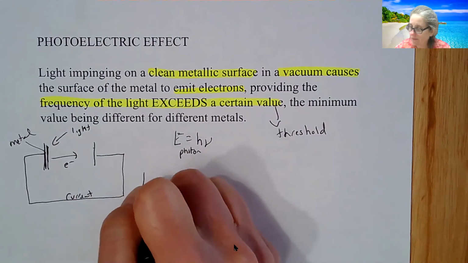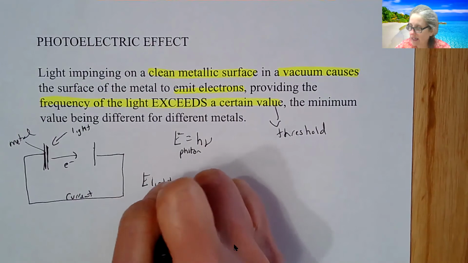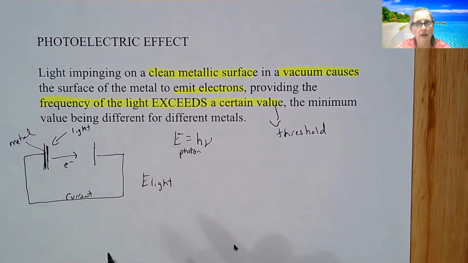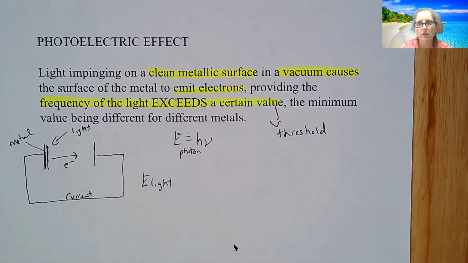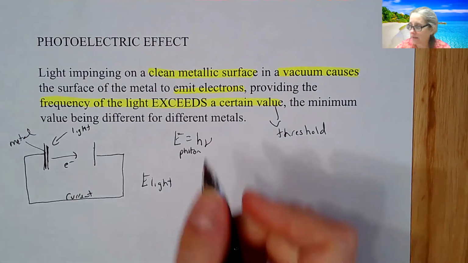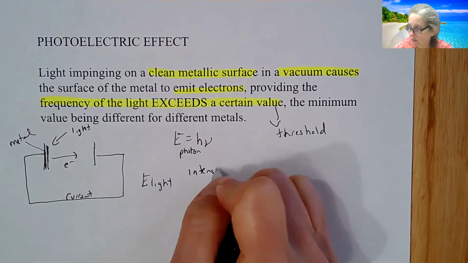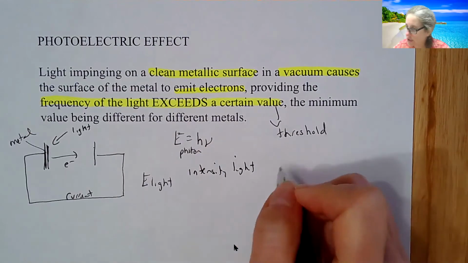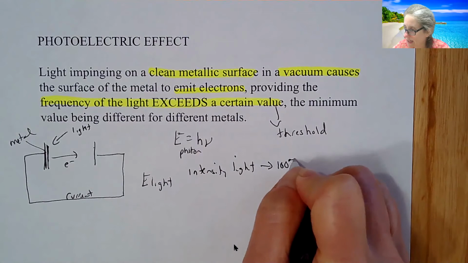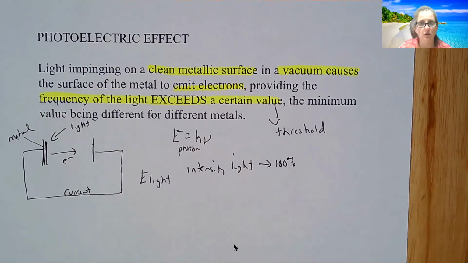So if we have the energy of the light hitting that metal, and the video goes through that, there are certain places where you don't get any electrons to come out. So you can change what we call the intensity of the light. You could change it up to 100%, which is what the video showed you.